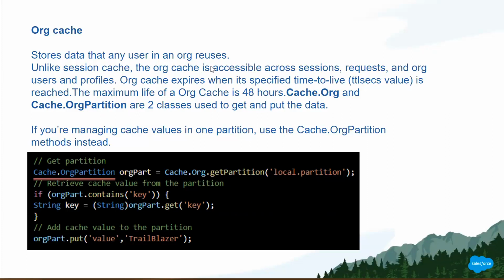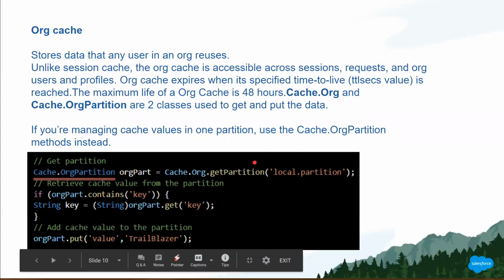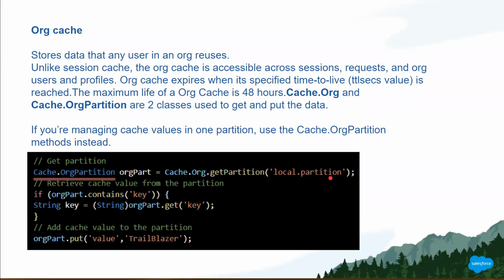Let me get a pointer if I can. Yeah, there it is. So in this local partition, the partition is my partition name and local is my namespace. So Cache.Org.getPartition picks up the string, where local is the namespace and the partition name is the one I have created.